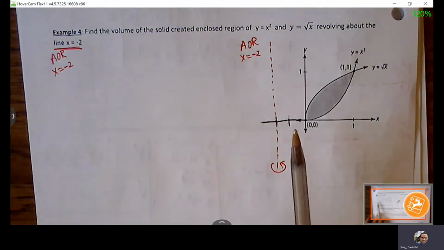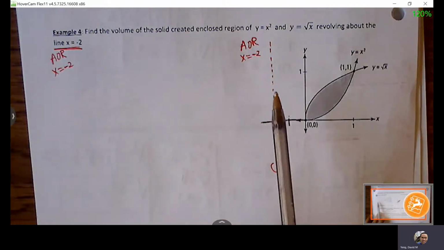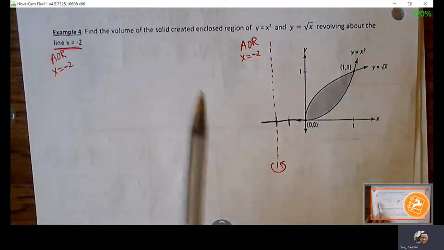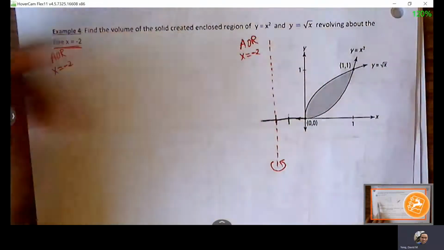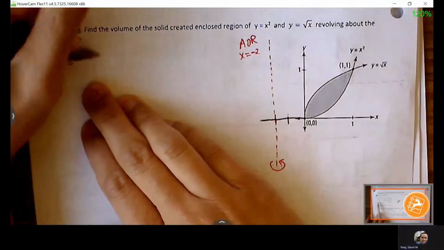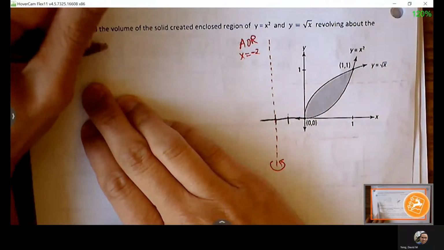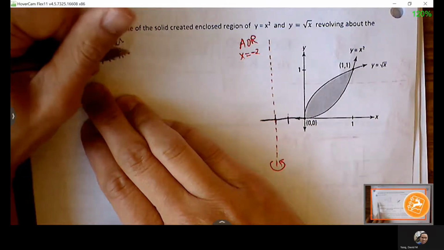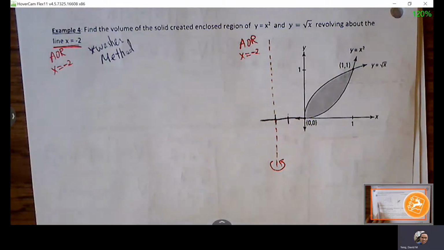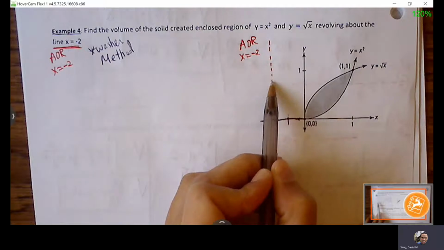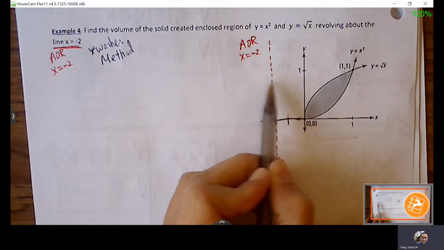Vertical axis means our radius has to be perpendicular. If it's perpendicular, it has to be horizontal. And we know there's a gap, so we know there's definitely washer method. Start on the axis and extend to the furthest boundary of your shaded region that you can take your line.